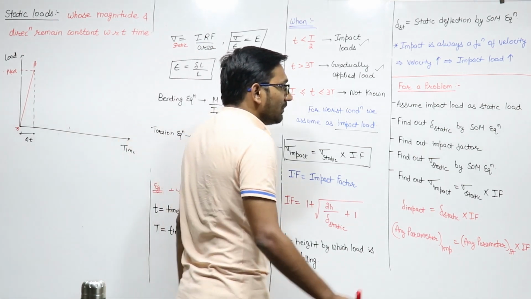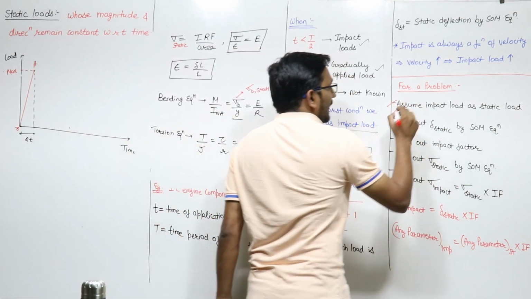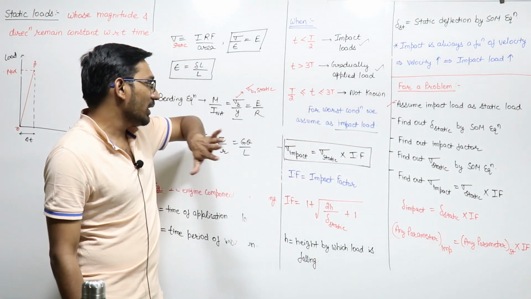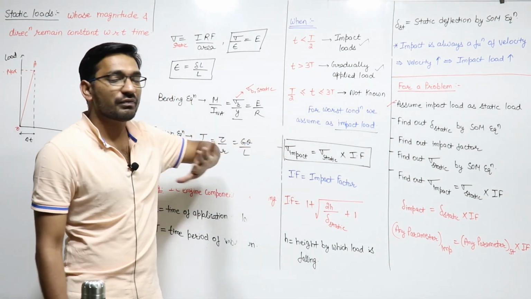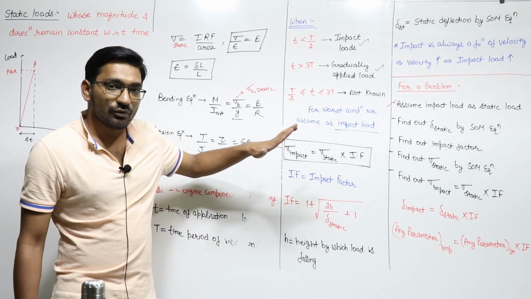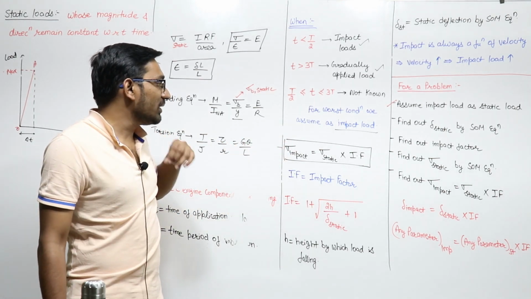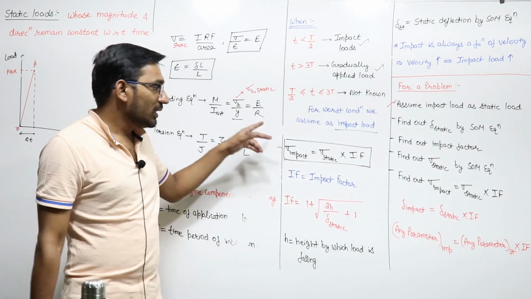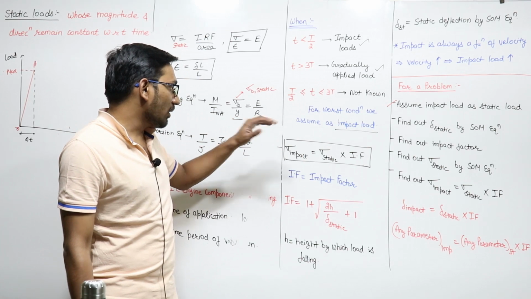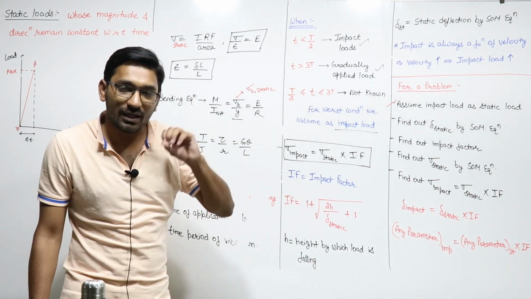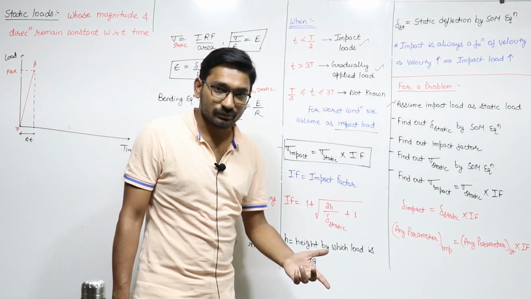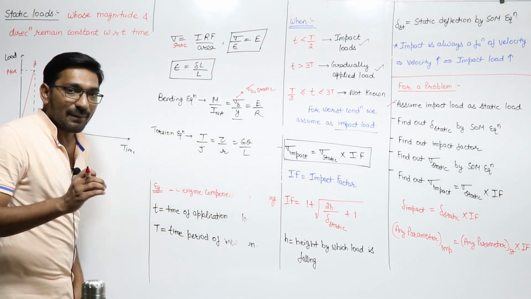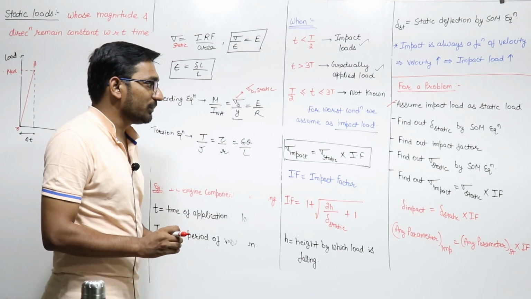For a problem, first of all, assume the impact load as a static load. If I say that on this board I am applying a 10 Newton impact load, then for solving the numerical I consider that this impact load is a static load. So the first step is to assume impact load as a static load.